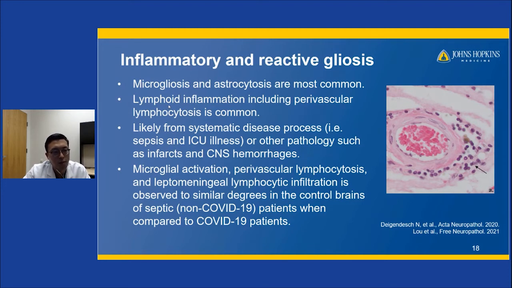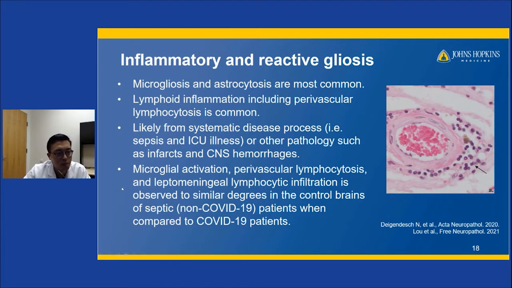And these are probably likely from the systemic disease process rather than direct invasion of the virus. We see this in sepsis, ICU illness. Any patients who are sick, you see this non-specific gliosis and astrocytosis with different locations of inflammation.